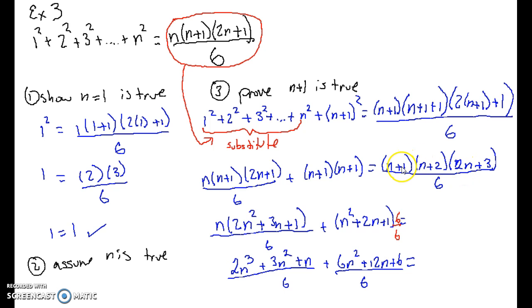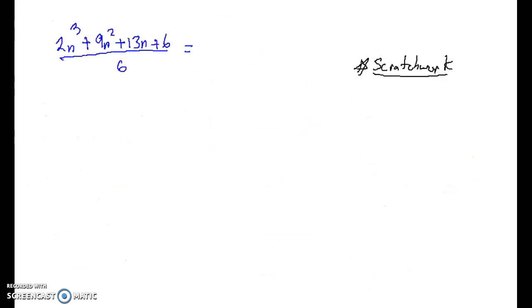So I'm going to multiply these 3 binomials together and see if it gives me the 2n cubed plus 9n squared plus 13n plus 6, right? So I'm going to rewrite this. So n plus 1 times n plus 2 times 2n plus 3.